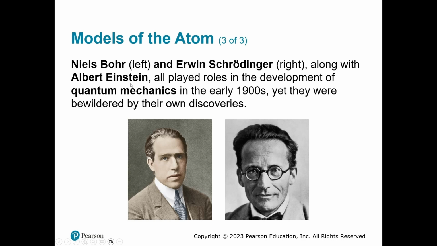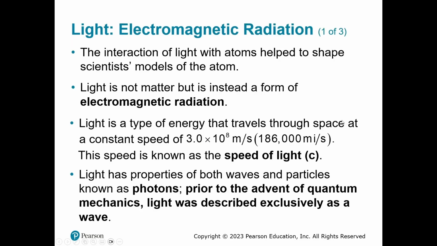Albert Einstein and a whole bunch of other physicists were all involved in the quantum mechanics movement in the early 1900s. Bohr basically came out with his model, and he was perfecting it actually in the 1800s, but came out with it in the very, very early 1900s. And in the 1920s, 1930s, we really hammered down quantum mechanics at the early stages. So we're going to talk about light.